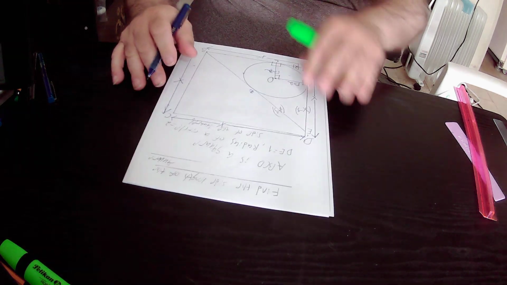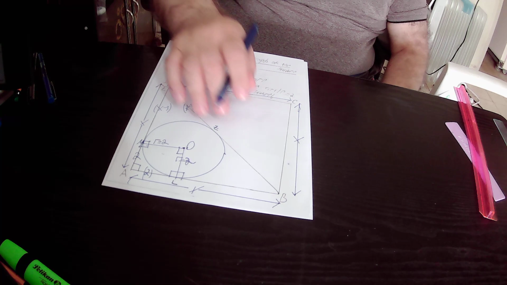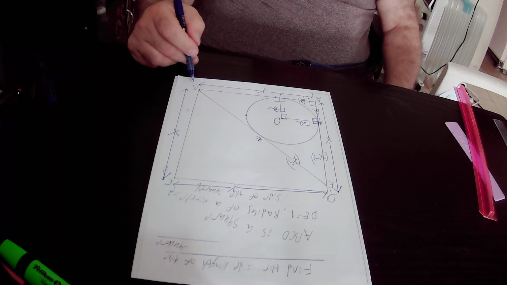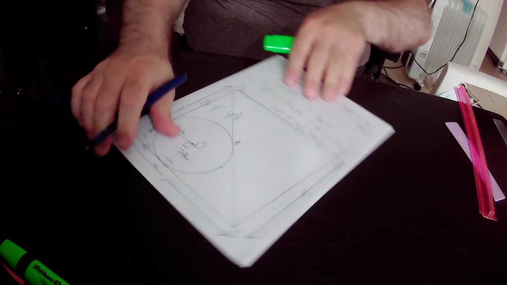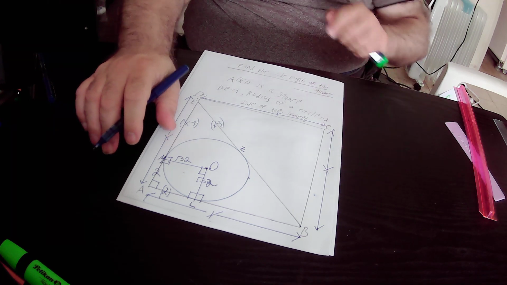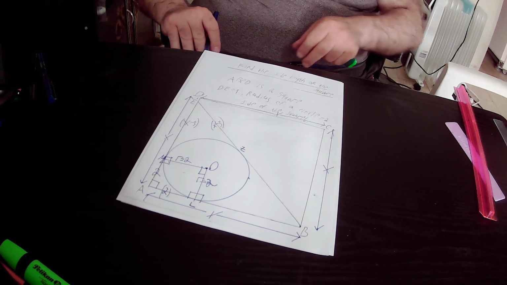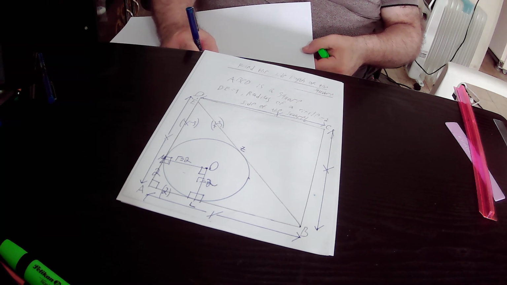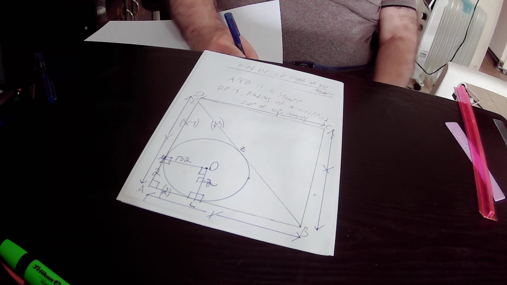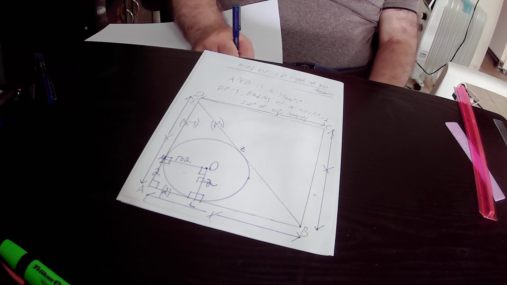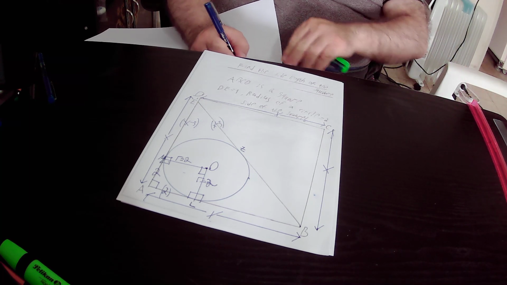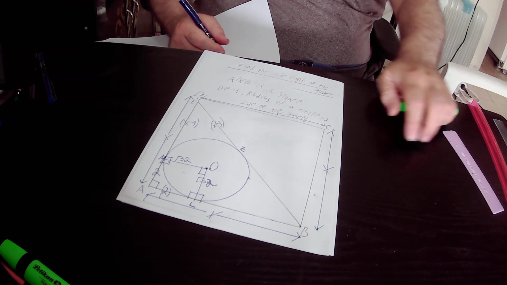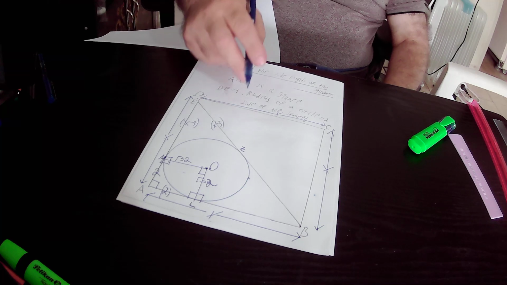In the next step, we will focus on the common external point, point B. From the common external point, point B, we have two tangents to this circle.